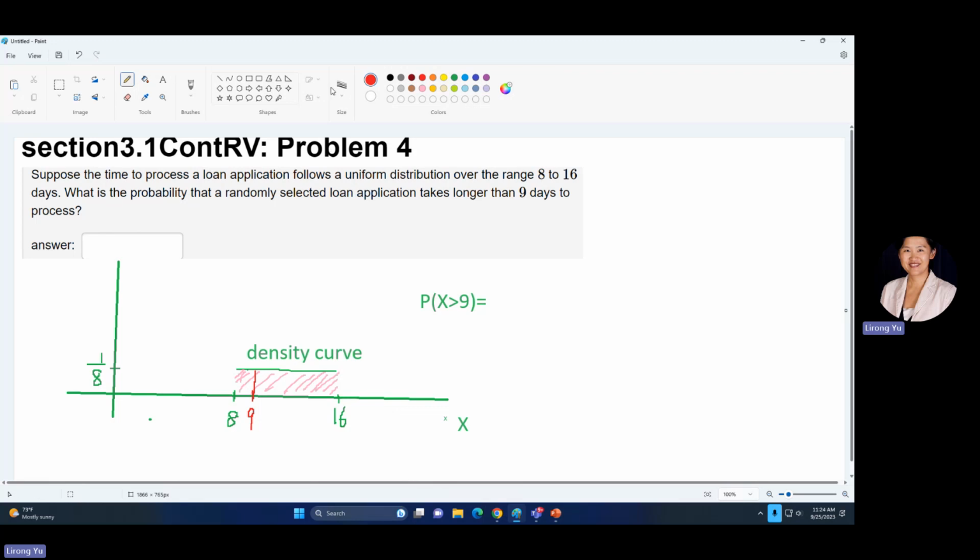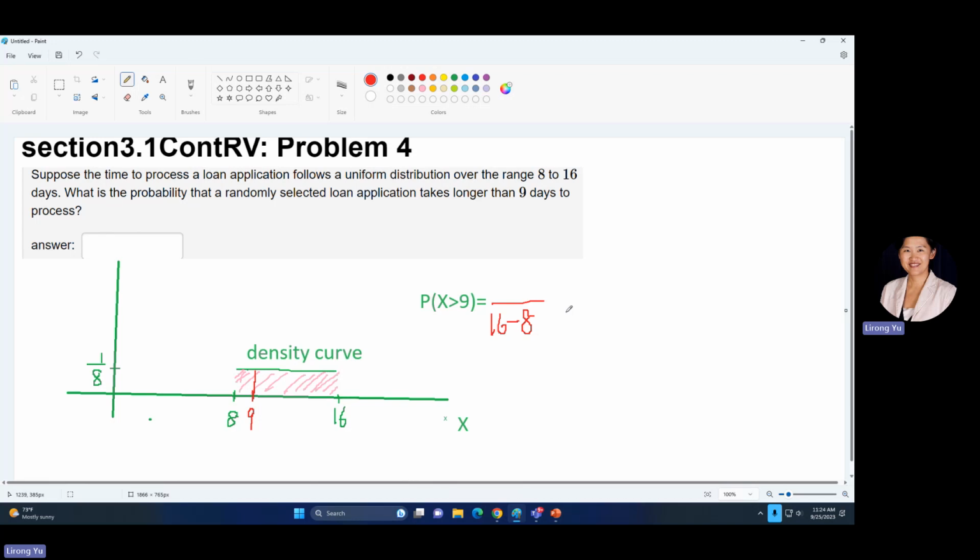That is a division between the part and the total. Your total distance is really 16 minus 8 because the range is from 8 to 16. Now the interval we are looking at is 9 to 16, right? When you see higher than 9, in the uniform distribution, 9 will be the lower bound and 16 will be the upper bound.